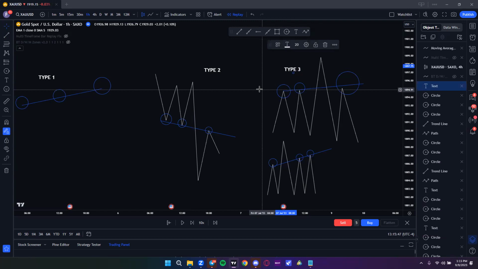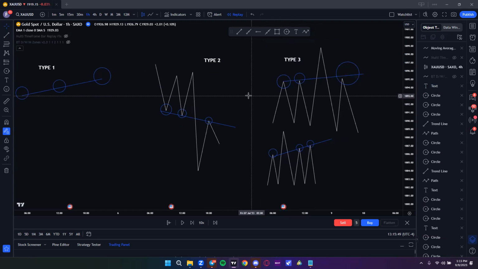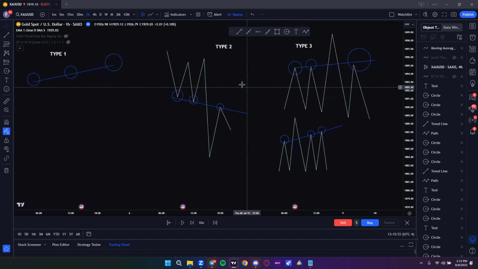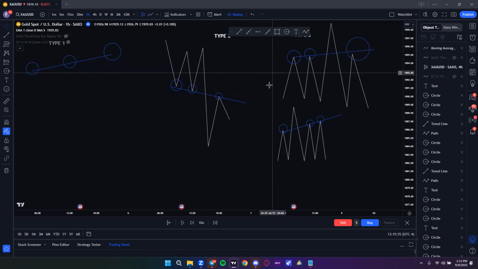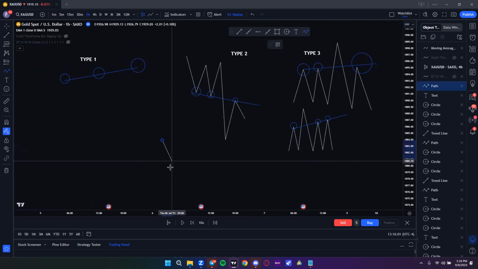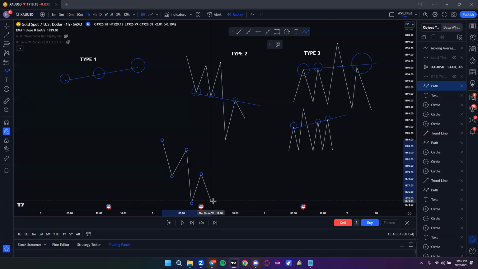Type 4 is pretty much like type 2. So let me draw it out for you guys. You have support, break, resistance, resistance.